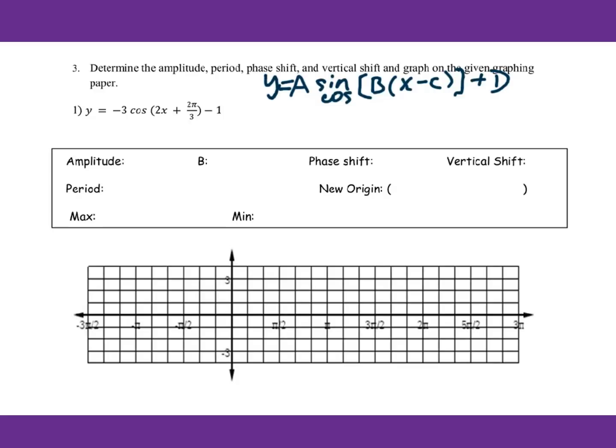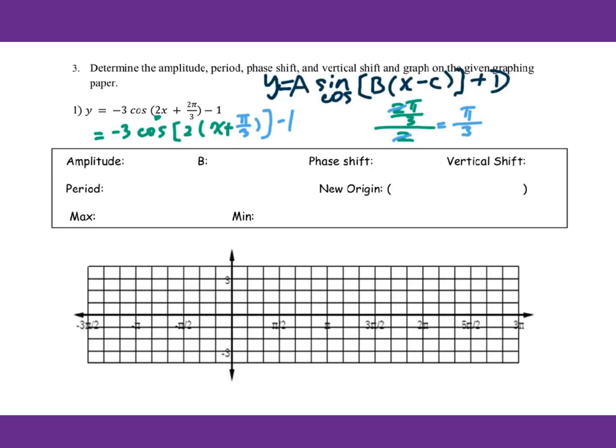Therefore, we need to take the 2 outside. We got the 2, then x plus 2 pi over 3 divided by 2. Reduce, you will get pi over 3. So plus pi over 3, minus 1.